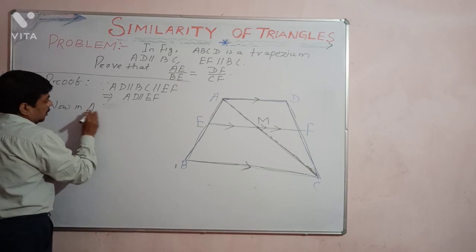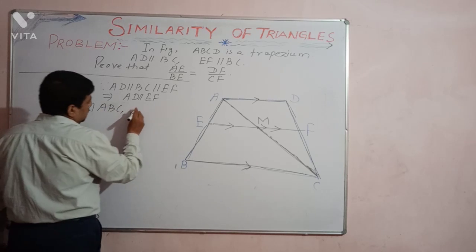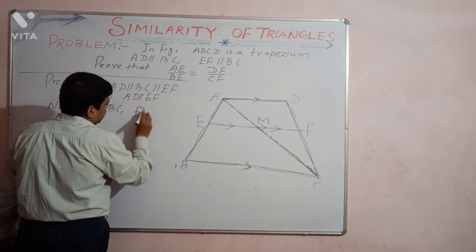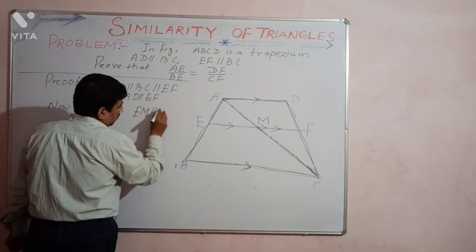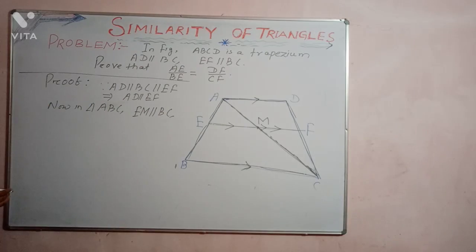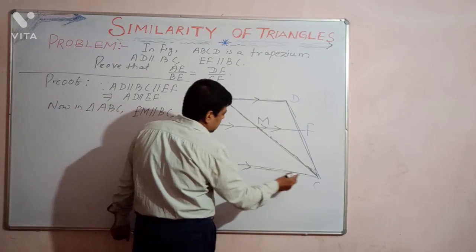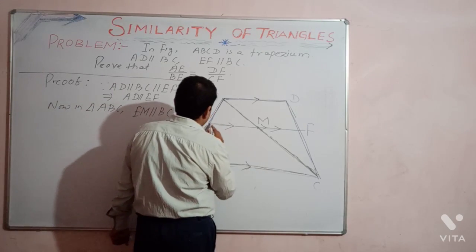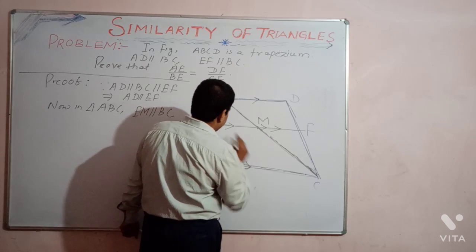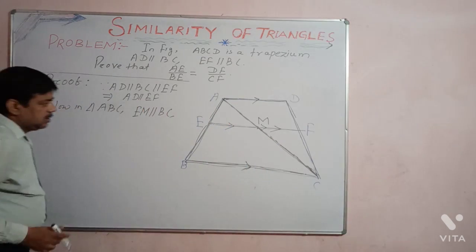In triangle ABC, EM is parallel to BC. Look here, in this triangle ABC, EM is parallel to BC. Why? Because EF is also parallel to BC. Okay, it is given.